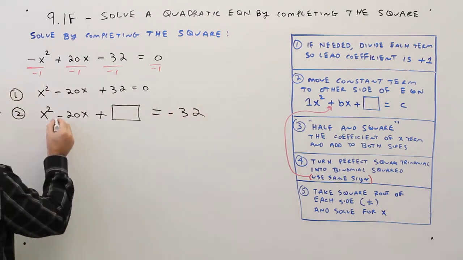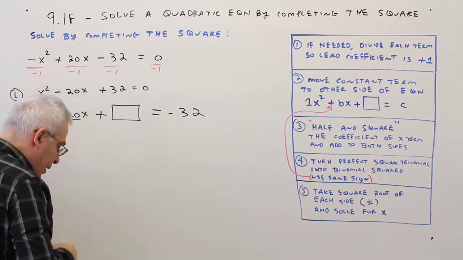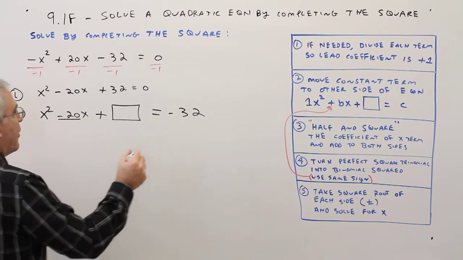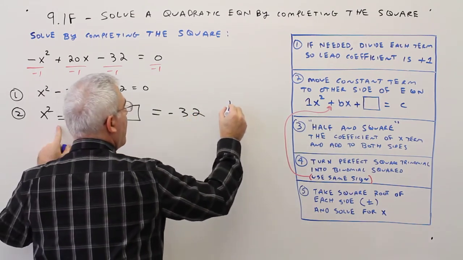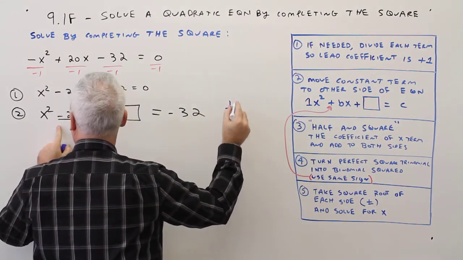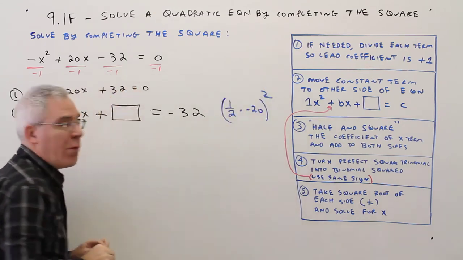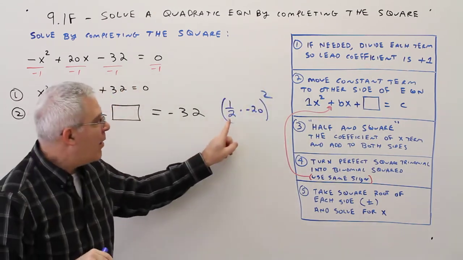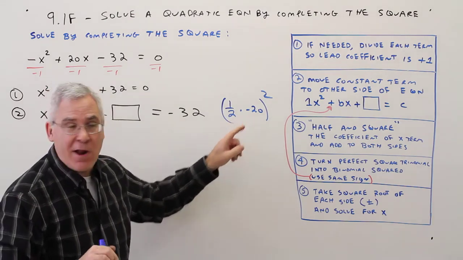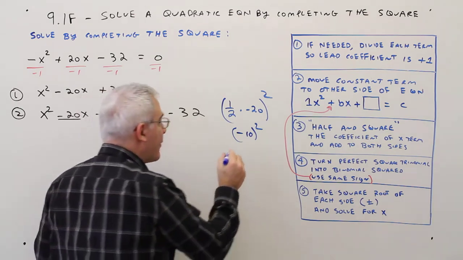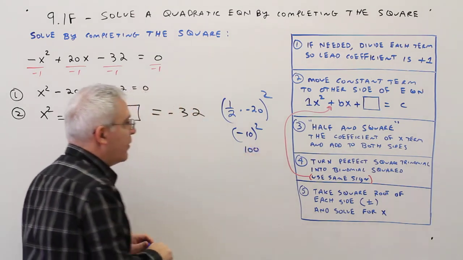So here is the coefficient of the x term. I'm going to do half and square. So I'll just show my work over here. So 1/2 times negative 20, and I'm going to square that. All right, 1/2 times negative 20 is negative 10, and negative 10 squared is 100.